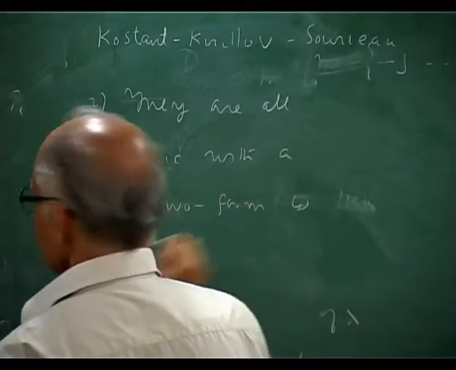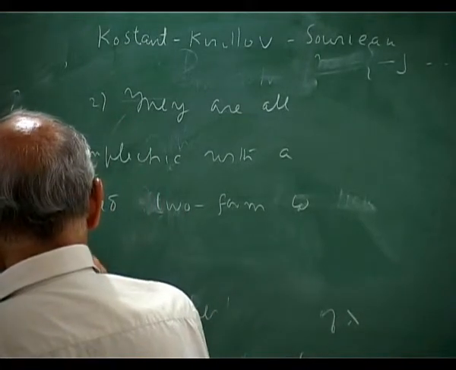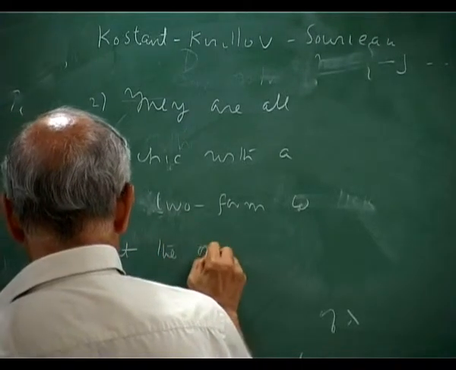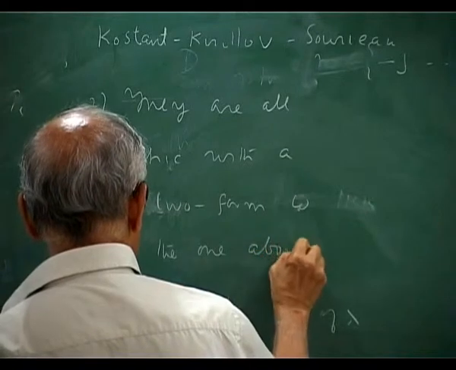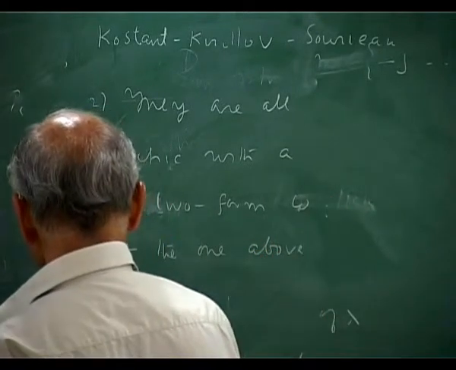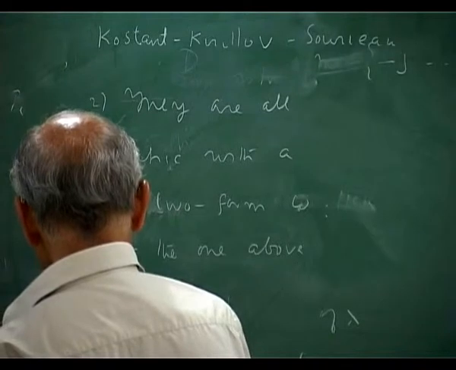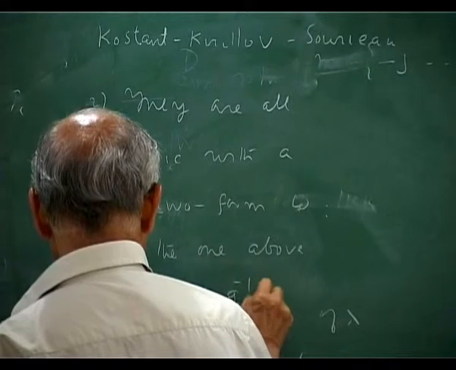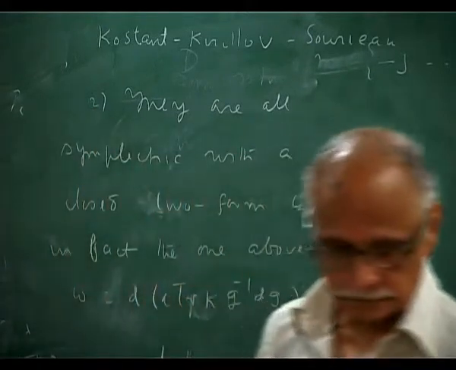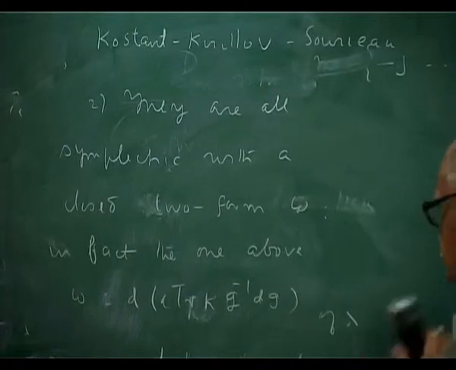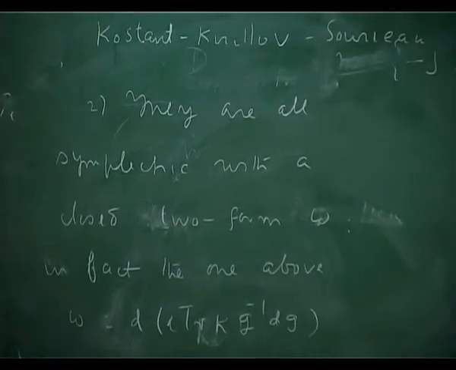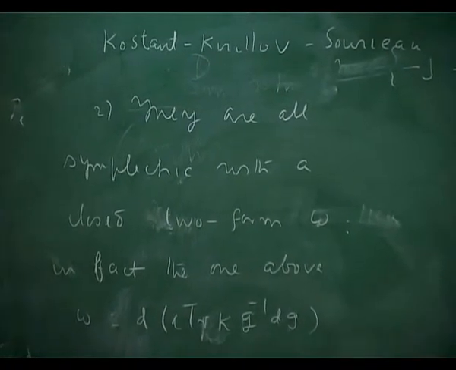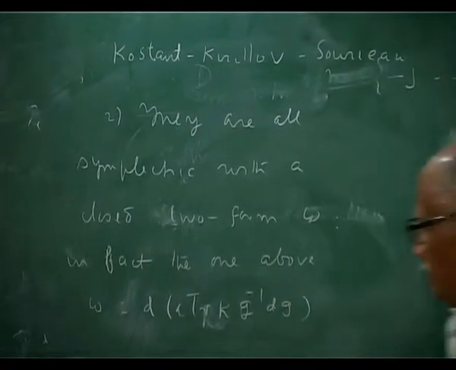Omega, in fact the one above, is d of i trace K g inverse dg. Until now there is no problem. Then comes the following.